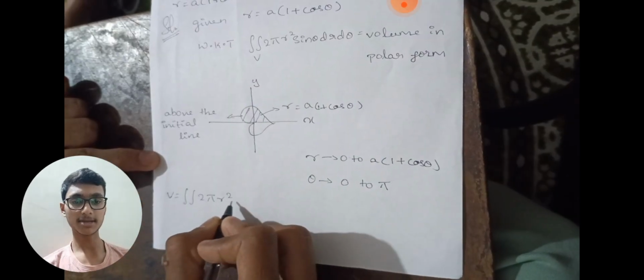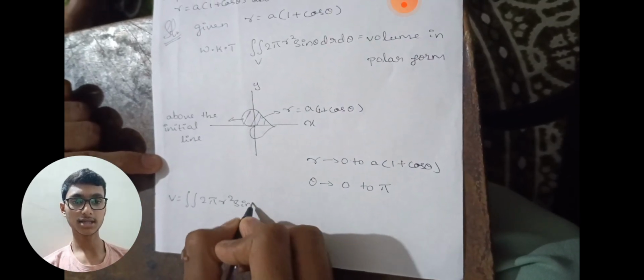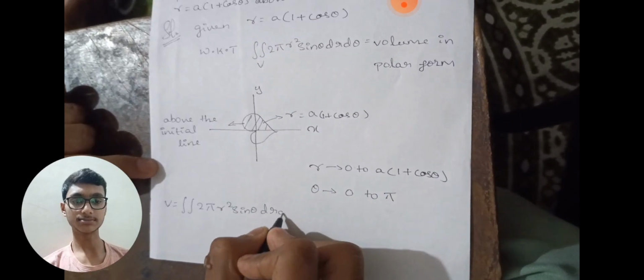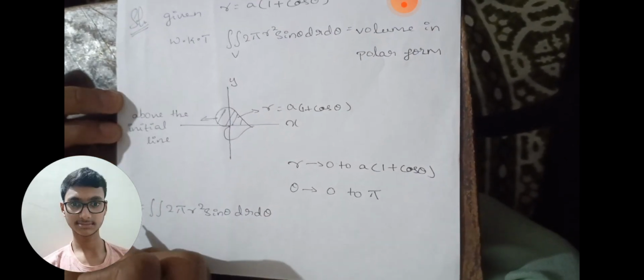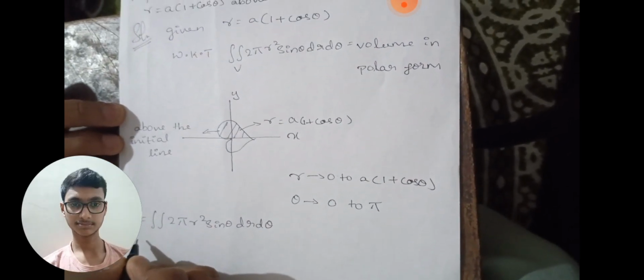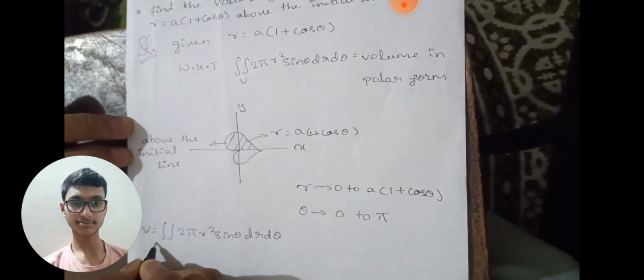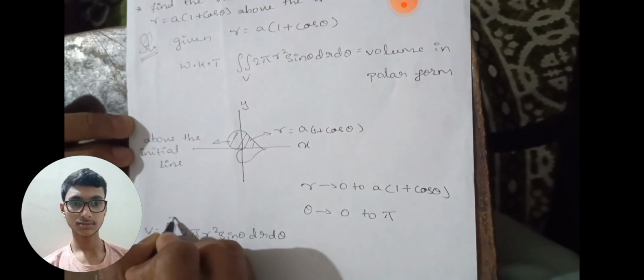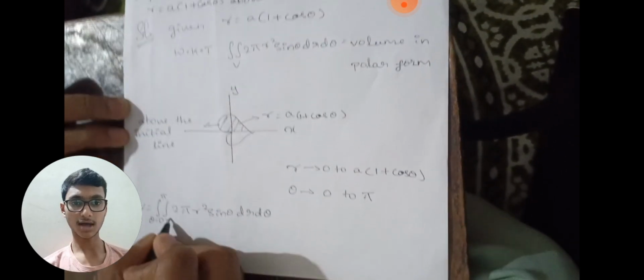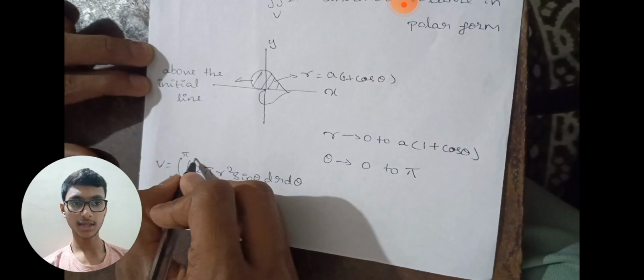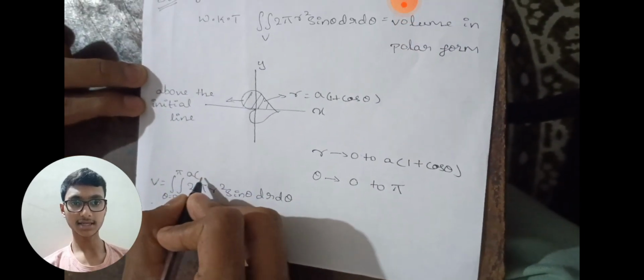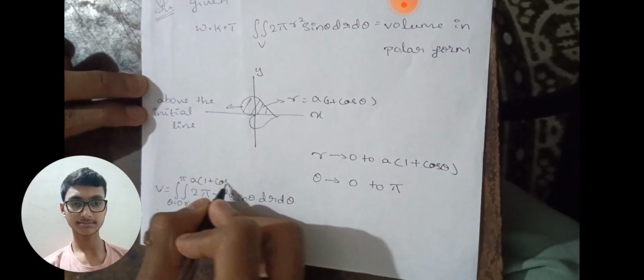Volume is equal to double integration 2 pi r square sin theta dr d theta. First let us integrate with respect to r. So r varies from 0 to a of 1 plus cos theta and theta varies from 0 to pi.